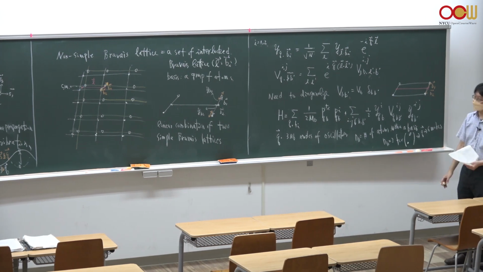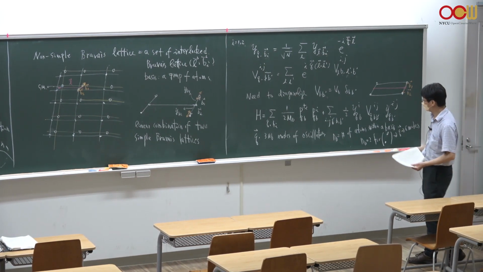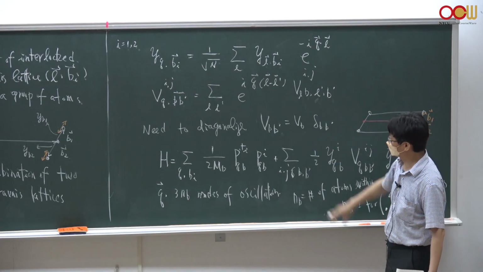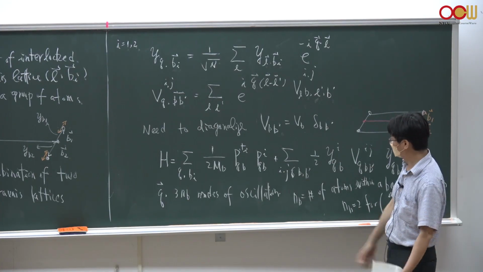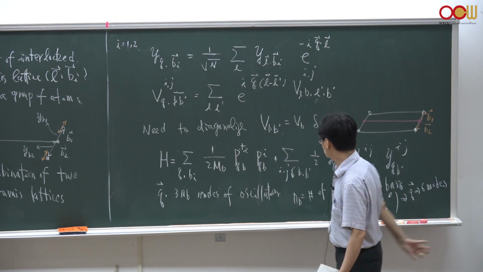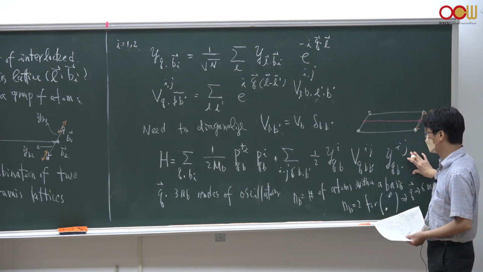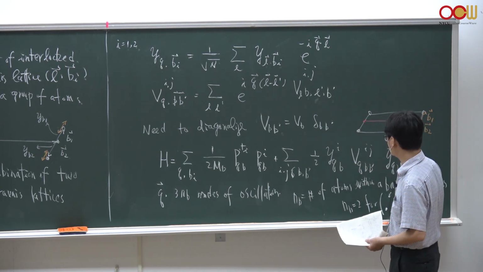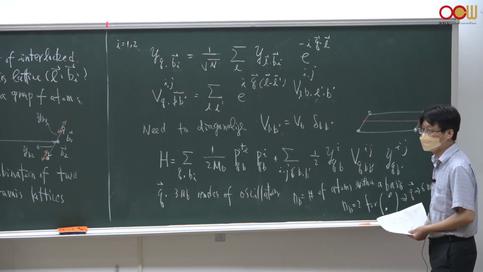But this can be done straightforwardly, so we assume that we can do it. We pretend that we diagonalize this whole thing, and then we could write down this Hamiltonian. This is the Hamiltonian before we diagonalize it, but imagine that we can diagonalize it.